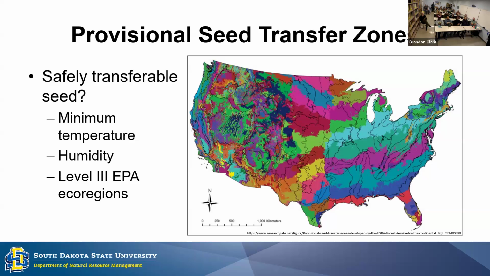They try to answer the question of how far and to what extent can seed safely be transferred and not suffer from maladaptation to different environments. They answer this by dividing the U.S. into various bands of minimum temperature, humidity, and level 3 EPA ecoregions, which account for the topography and geography or geology of those regions.